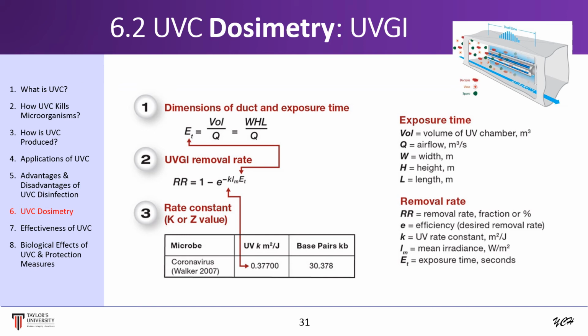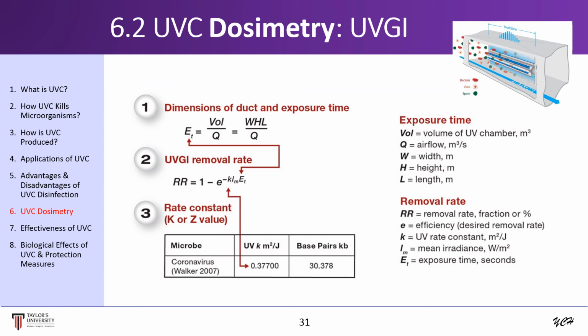And we can use this formula here for the second step: RR equals 1 minus e to the negative K times LM times ET. RR means the removal rate, so we want to calculate how much reduction of the microorganism we get in this case. We can fill in all the parameters here. ET is already calculated. K is the UV rate constant in the unit of meter square per joule, and this can also be referred to in the guidelines, for example by Walker 2007 for coronavirus.